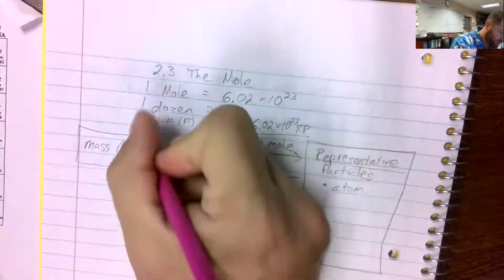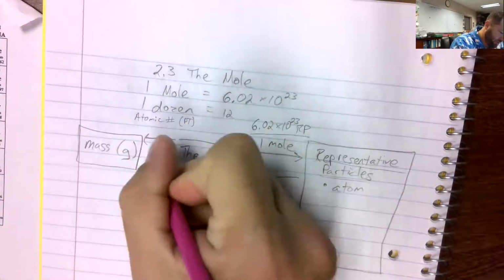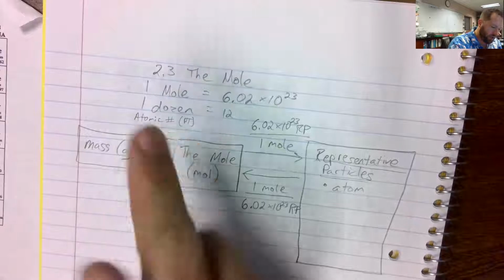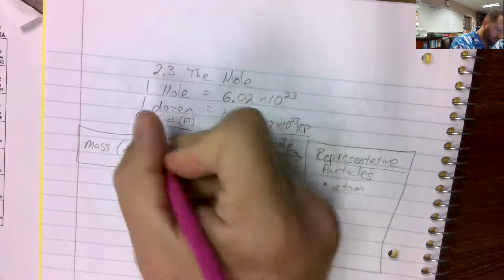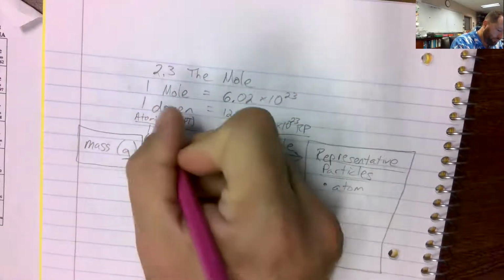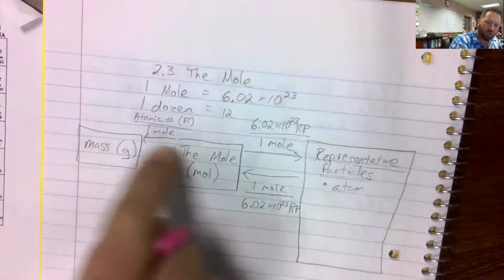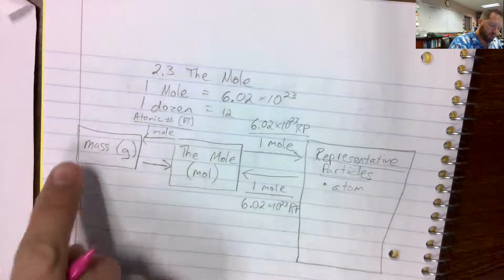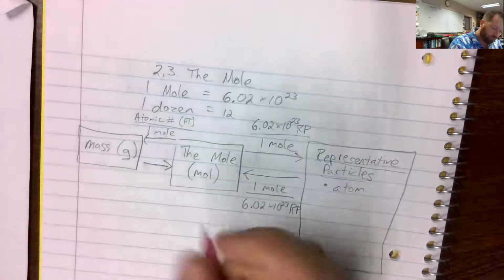Backwards, I'm going to change the arrows here. Sorry about that. Go this way if you want to go that way. So if you use the atomic number of the periodic table over 1 mole, that allows you to come this way. You're going to have your mass and figure out your number of moles.